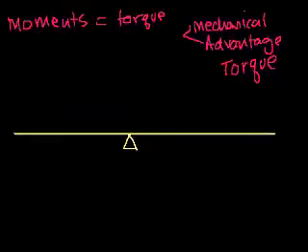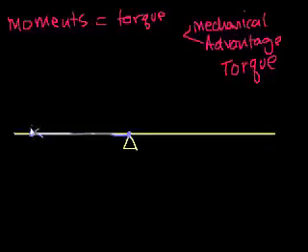And let's say that I were to apply some force here, and the forces that we care about, and this was the exact same case with torque because they're essentially the same thing, are the forces that are perpendicular to the distance from our axis of rotation, right? So in this case, if we're here, the distance from our axis of rotation is this. That's our distance from our axis of rotation.